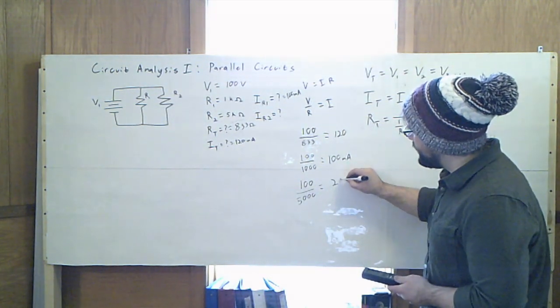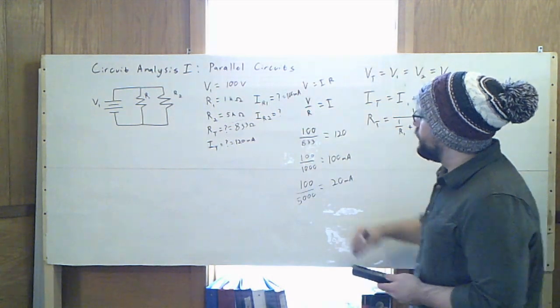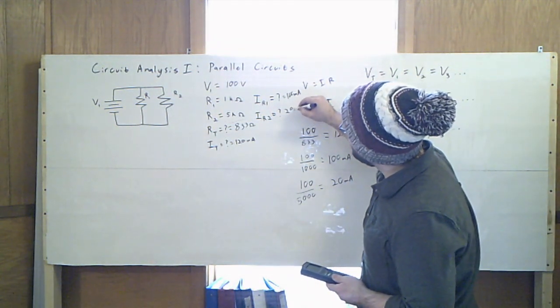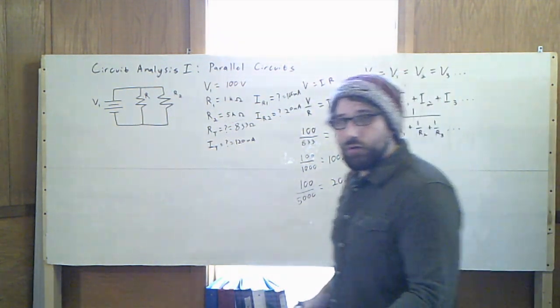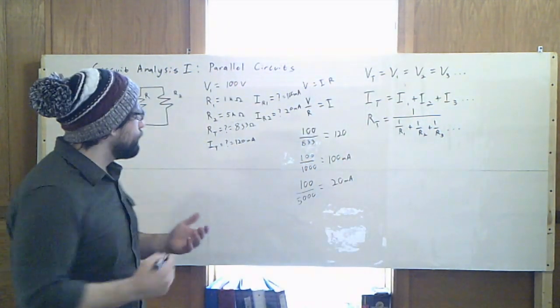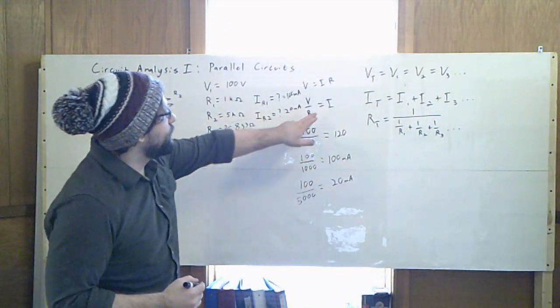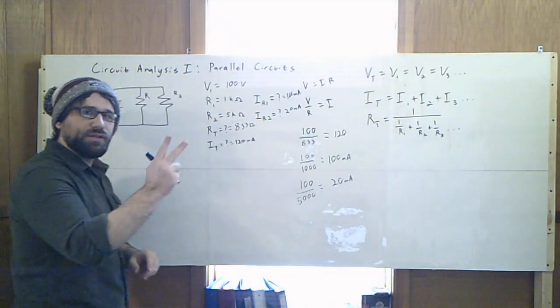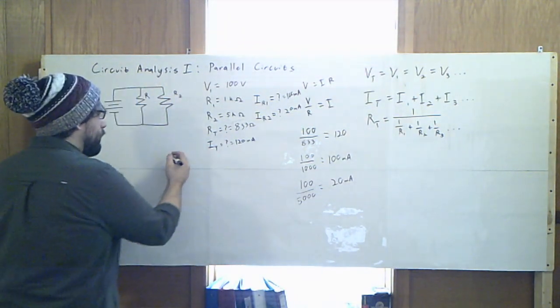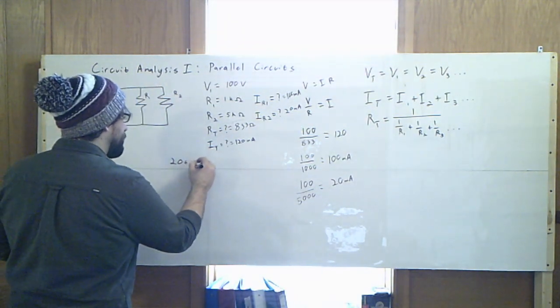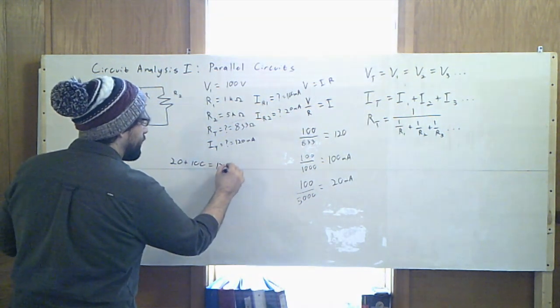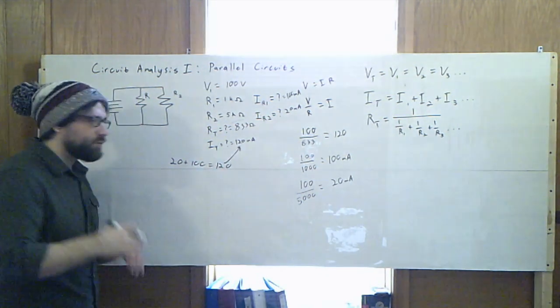Which gives me 20 milliamps. So, to check my answers, all I have to do is take my current and make sure that the addition of my two currents equals my total. So, 20 plus 100 equals 120. So everything checks out.